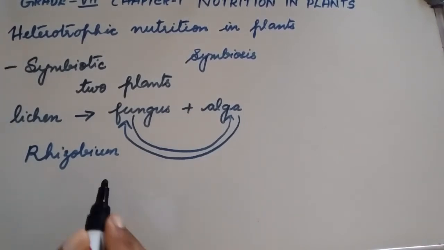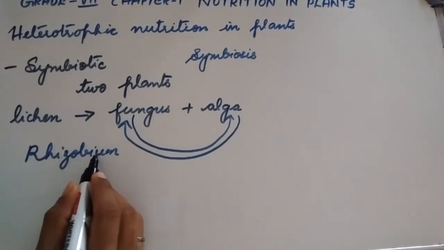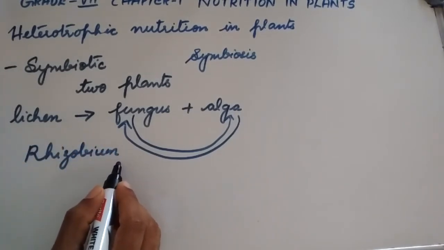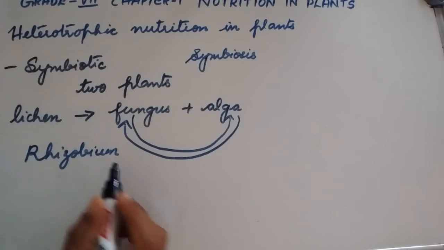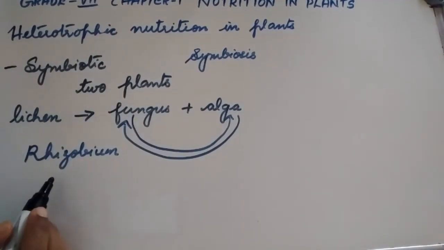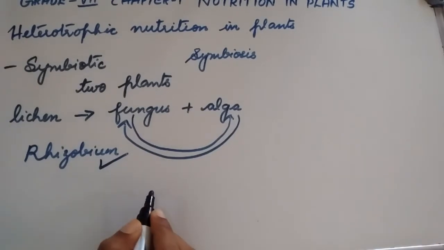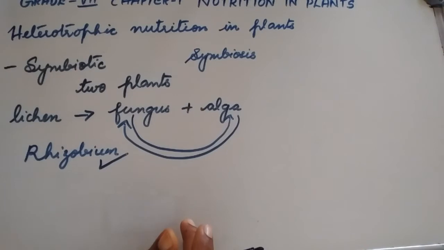It gets food and shelter from the plant, and in return this bacterium fixes nitrogen from the atmosphere for the plant. So this is an example of the symbiotic mode of nutrition. And let us now see how the bacterium Rhizobium helps in the fertility of the soil.